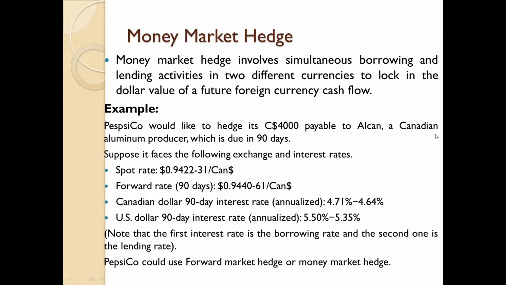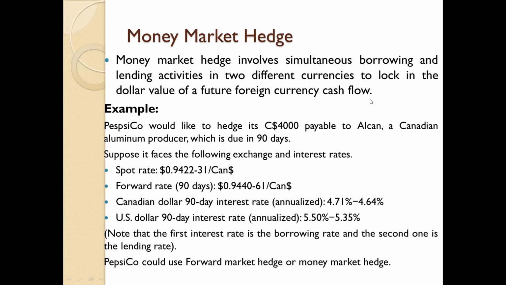But the money market hedge is the simultaneous involvement of borrowing and lending activities in two different currencies in order to lock in the domestic currency values with foreign currency values.